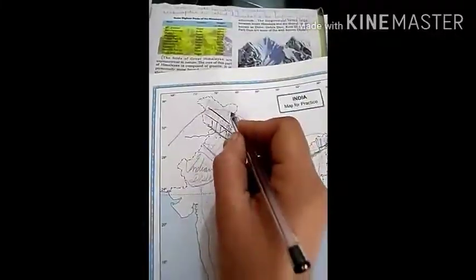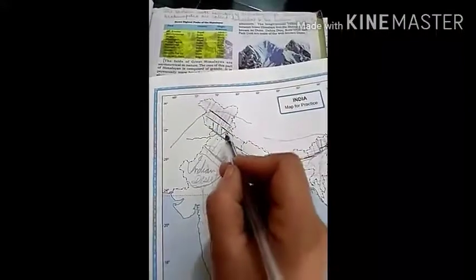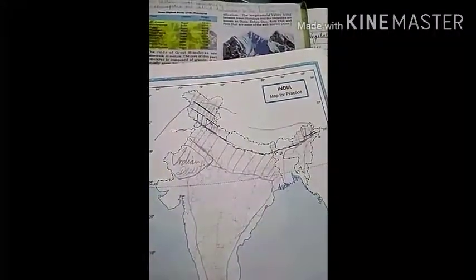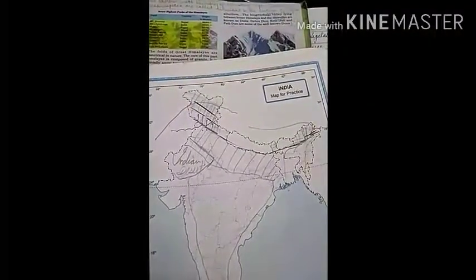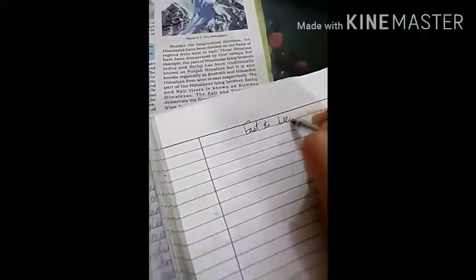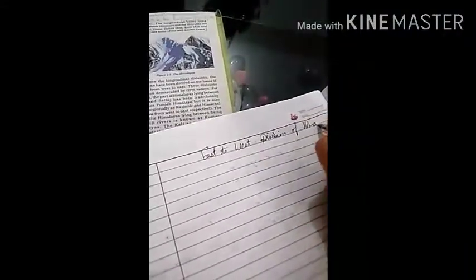This is Indus River, this is Satluj. The part of the Himalayas which lie between Indus and Satluj is known as Punjab Himalaya. Its heading is east to west division of the Himalayas.